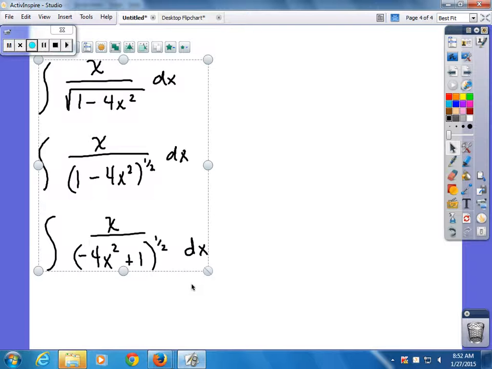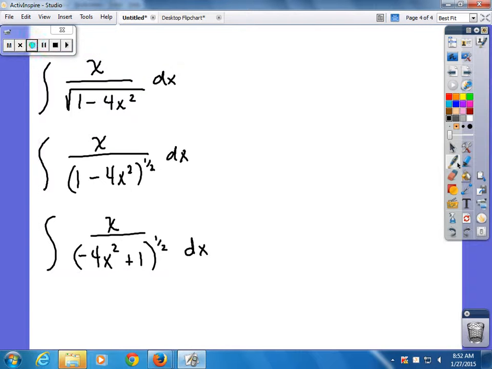So I'm going to make u equal what? Negative 4x squared plus 1. Therefore, du is going to be equal to negative 8x dx. Is it important for you to write it as negative 8x dx? Yes.